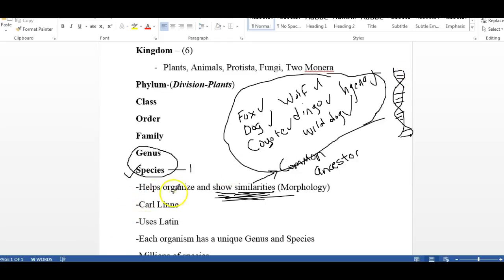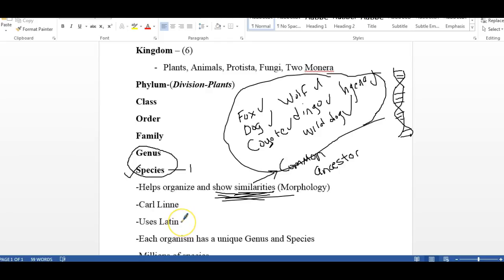And the father of this whole system, kingdom, phylum, class, order, family, genus, species, is a guy named Carl Linné. He was a botanist, and originally looked at plants. He realized that the names were really complex and really hard for scientists to communicate. So he came up with the Linnaean classification system.